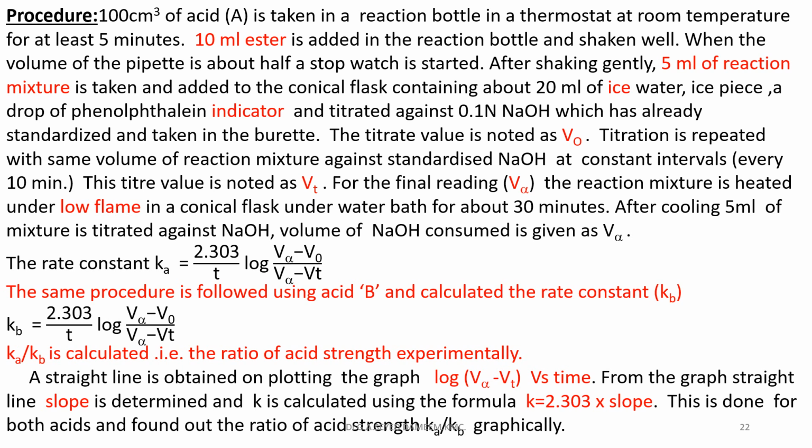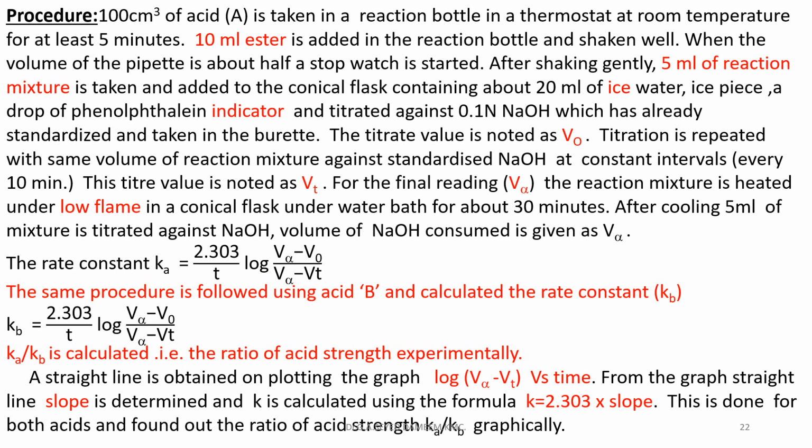The solution is titrated against 0.1 N sodium hydroxide, which is already standardized and taken in the burette. The appearance of pink color is the endpoint, and the titer value is noted as V0.